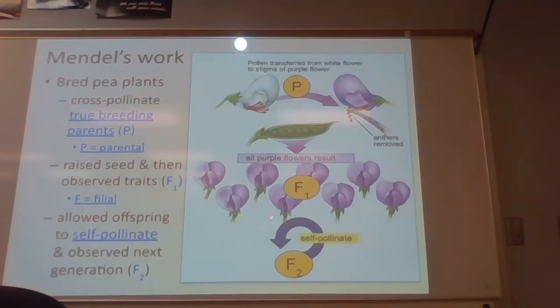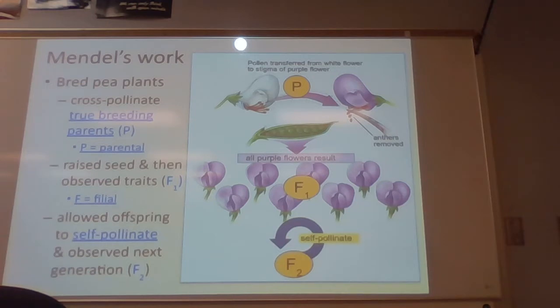He would then let those self-pollinate to get to the F2 generation. F2 is just the second filial generation, so the second generation. So this is the way he did it.